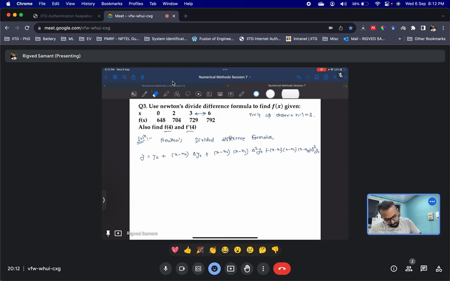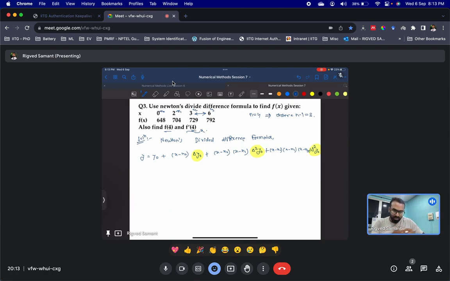Again if you see, we are only concerned with the starting value. So in the table also we are only focused on the data available at the top, not at the bottom; only top values you will use. What is x again? x is this 4, and x naught, x1, x2, x3 are these, and this is your x.